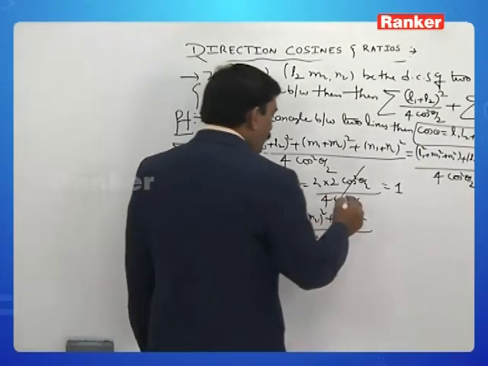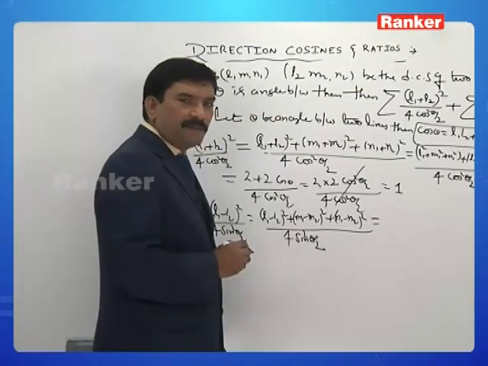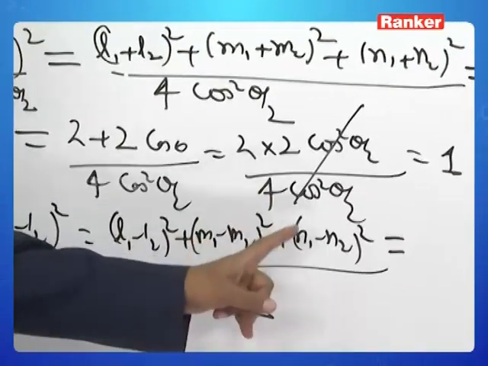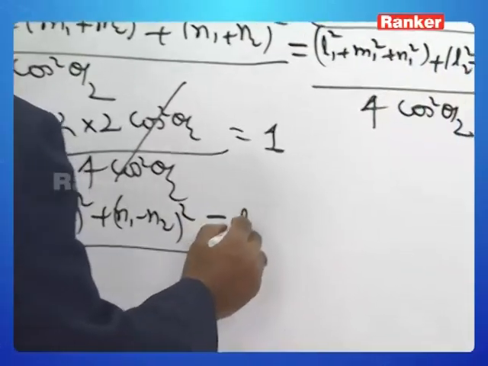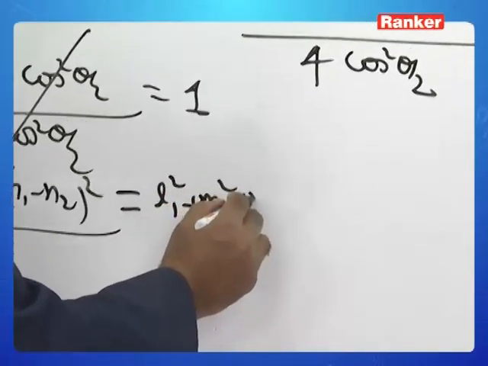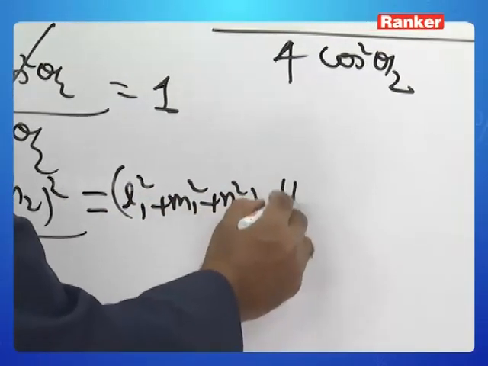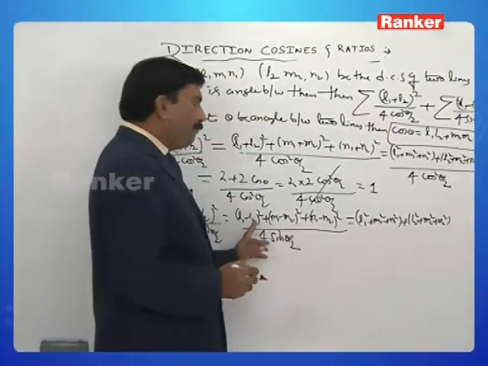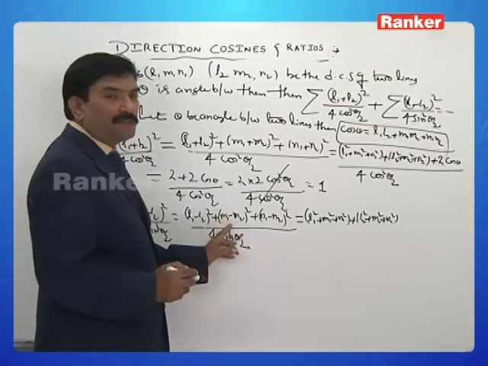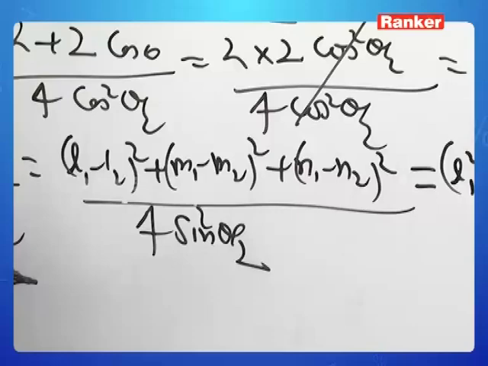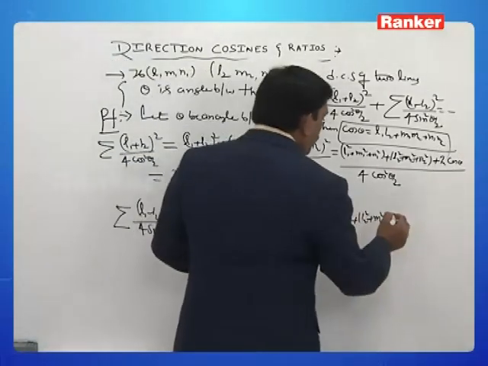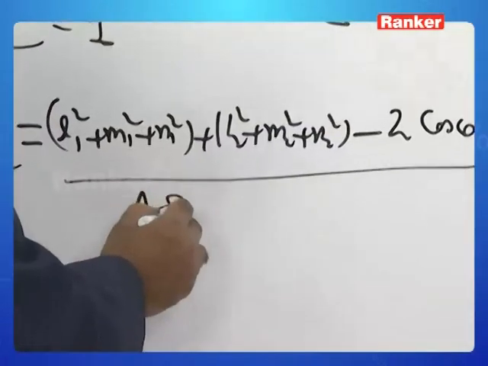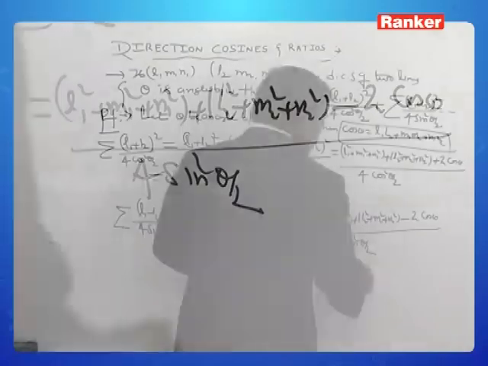So now this is nothing but expand it: L1 square plus M1 square plus N1 square plus L2 square plus M2 square plus N2 square minus 2 L1 L2 minus 2 M1 M2 minus 2 N1 N2. Okay. So therefore, I can write this as 2 cos theta whole divided by 4 into sine square theta by 2. Followed?